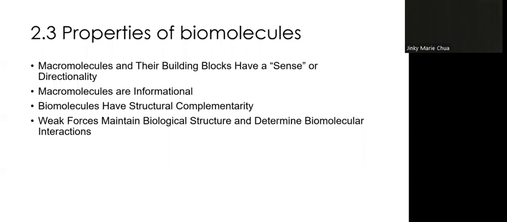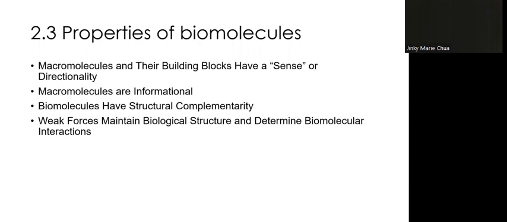So the question is, how can the CAS research macromolecule team do what we do? And how do our macromolecules, proteins, carbohydrates, lipids, and nucleic acids do what they do? What is special about them and what properties do they possess?